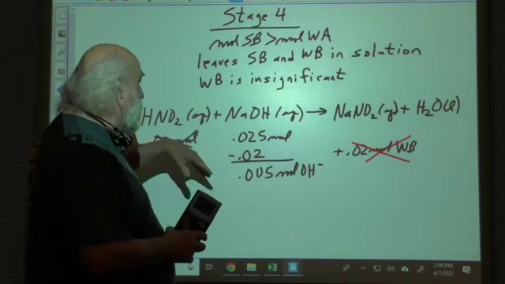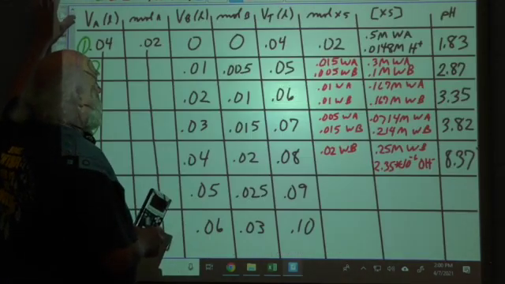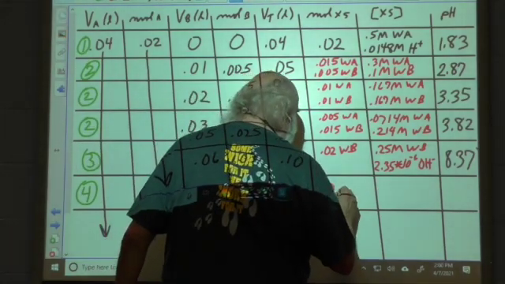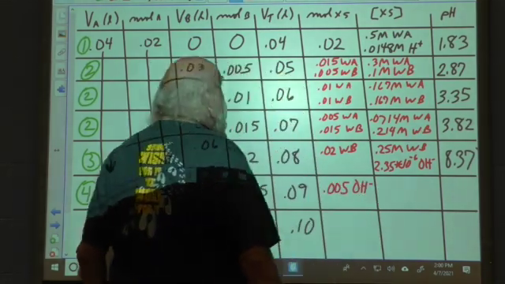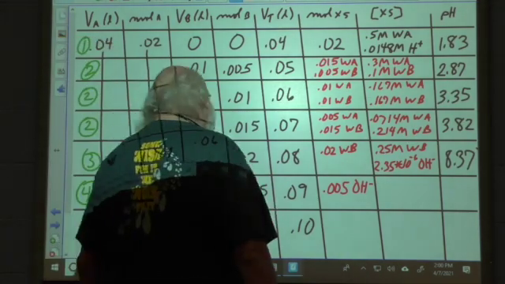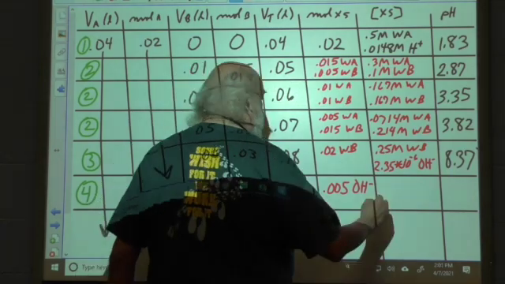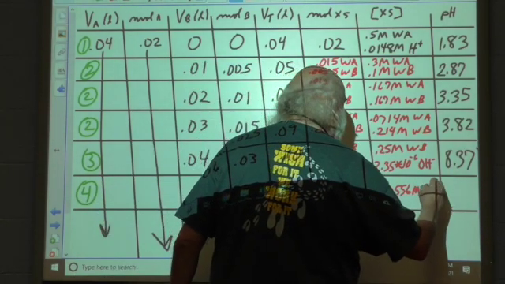We're just going to put in the 0.005 moles of hydroxide, go all the way back to the second point. 0.005 of hydroxide. Divide that by 0.09 and we get 0.0556 moles per liter of hydroxide.